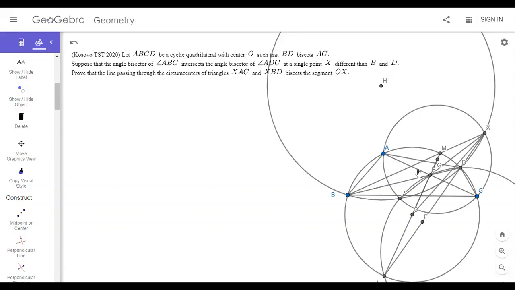Draw M1 as the midpoint of BM. M2 is the midpoint of DL. And by spiral similarity, M1, M2, X, P is cyclic.